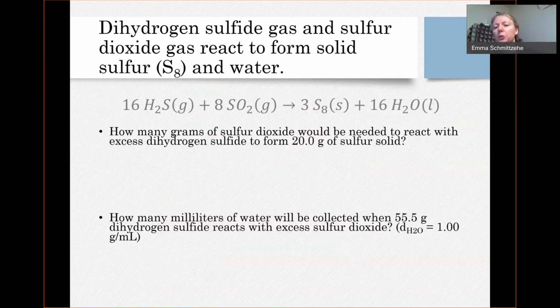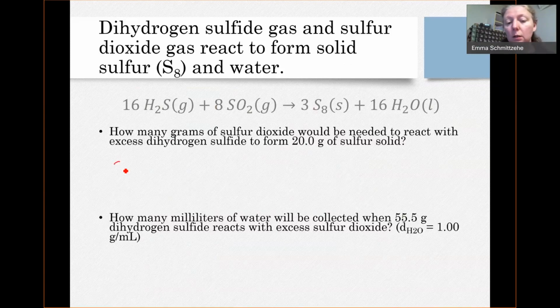So I've got a couple questions for this one. And we're going to first calculate how many grams of sulfur dioxide would be needed to react with excess dihydrogen sulfide to form 20 grams of sulfur solid. Okay, so this one, we're given only one value. So again, we can start there.